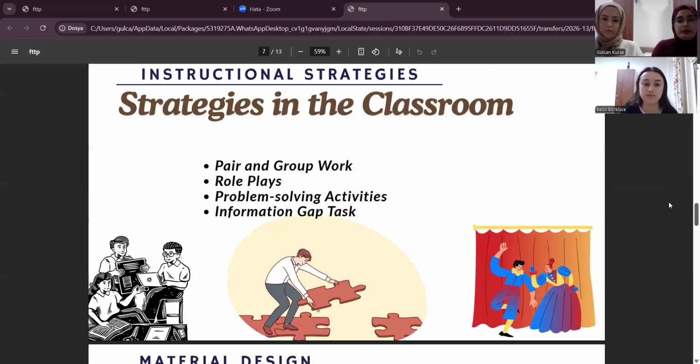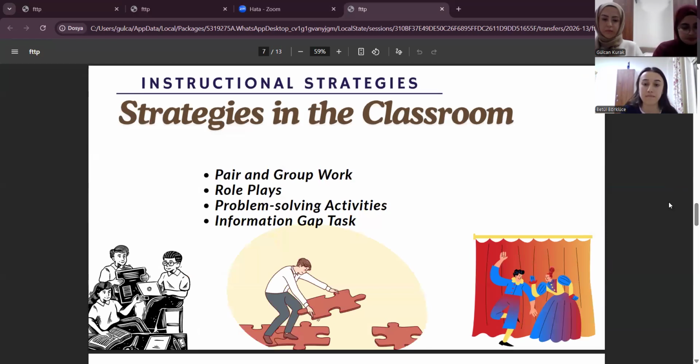Now we will talk about instructional strategies. The key focus here is not perfect accuracy, but effective communication. In this approach, errors are seen as a natural part of learning, and this makes the learning process better.